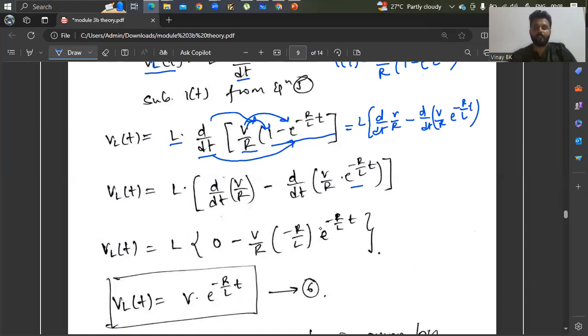Here you can see the differentiation of V by R with respect to t is 0 because there are no terms in t, so it is 0.